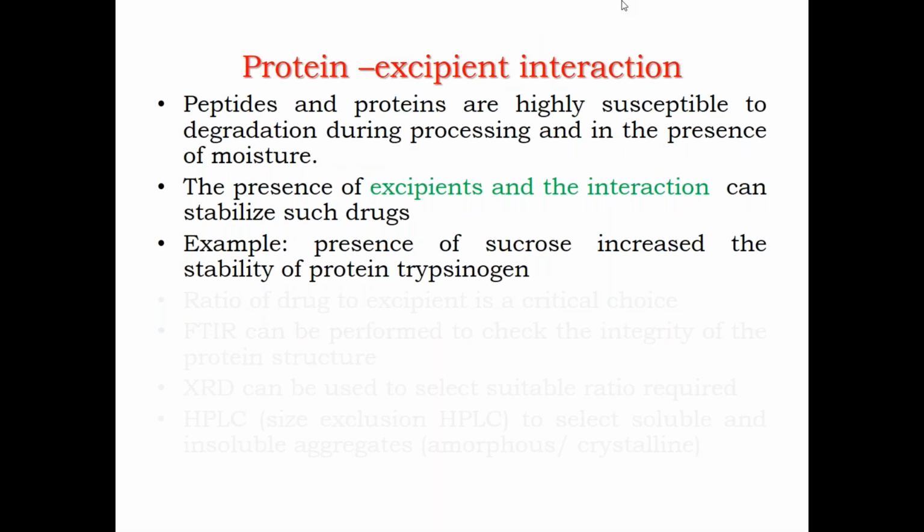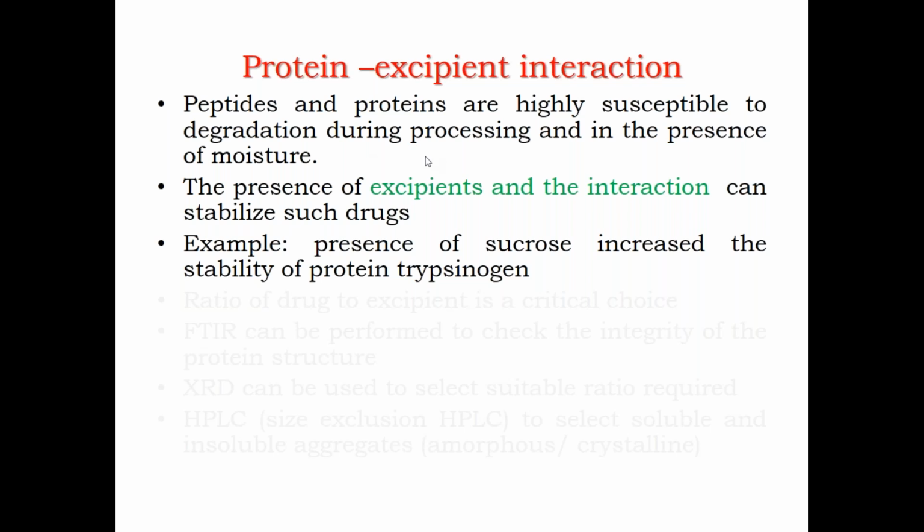Not just as additional information, I'm just telling you, when you are handling drugs which are proteinaceous in nature, which are proteins. See, we know that drug products are of varieties. So proteins and peptides are also drug molecules. These proteins as such are very susceptible to degradation because they're very sensitive to pH and sensitive to temperature.